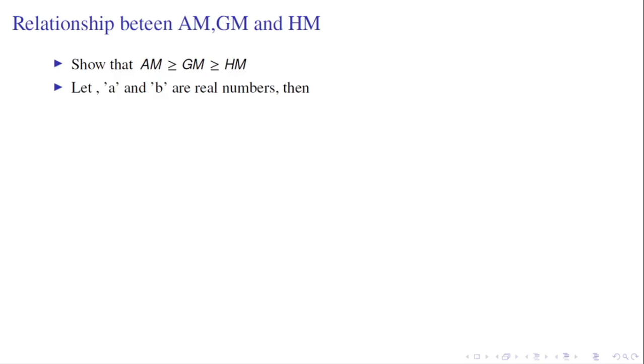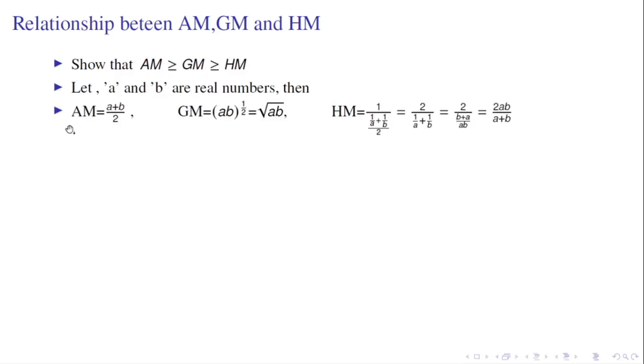Then the arithmetic mean is the sum of observations by the number of observations, A plus B by 2. GM is the nth root of the product of n observations. Here we have two observations, so it is (AB) to the power 1 by 2, which is root of AB.